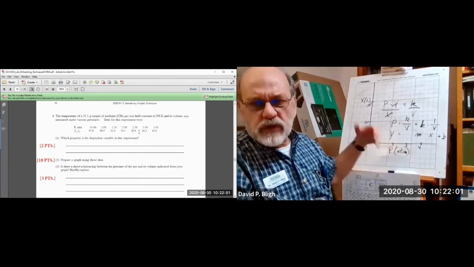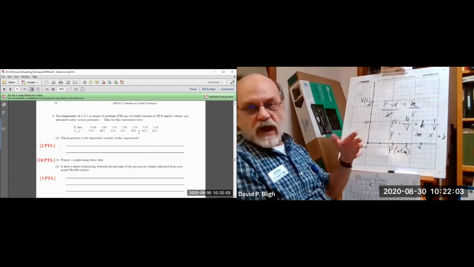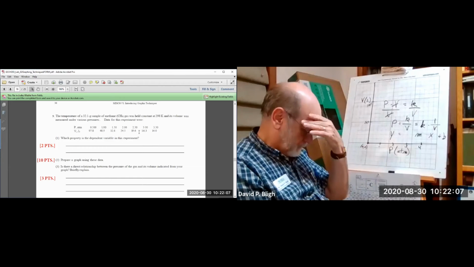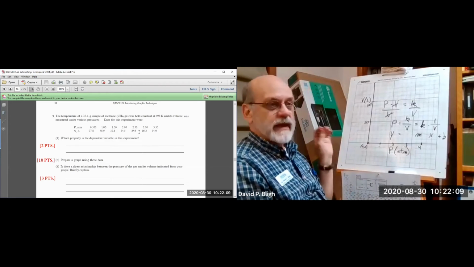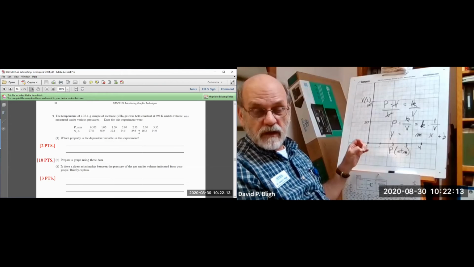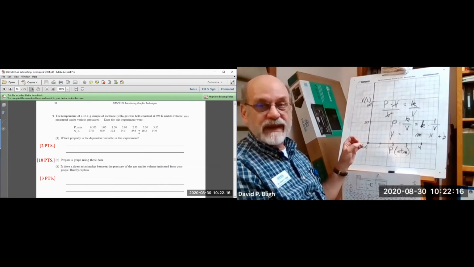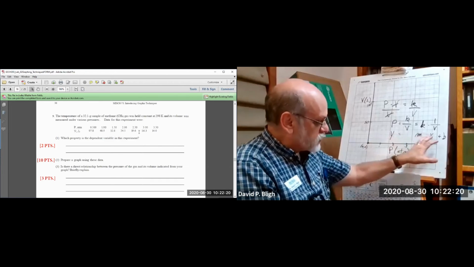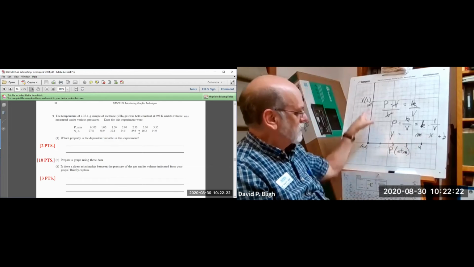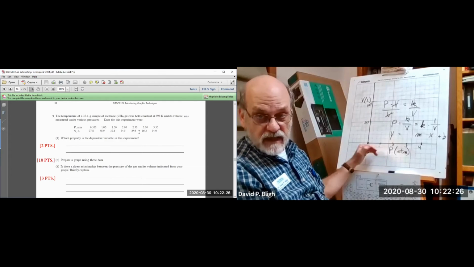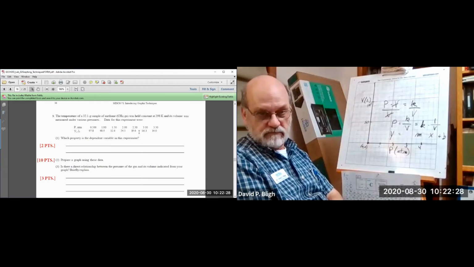Now, when we do these transformations, the concept of dependent versus independent variable, we have to make allowances. Because with this structure, that puts P on the y-axis and 1 over V on the x-axis.